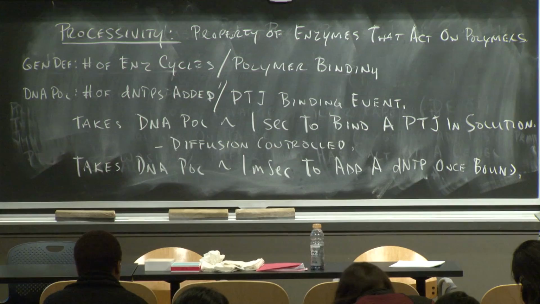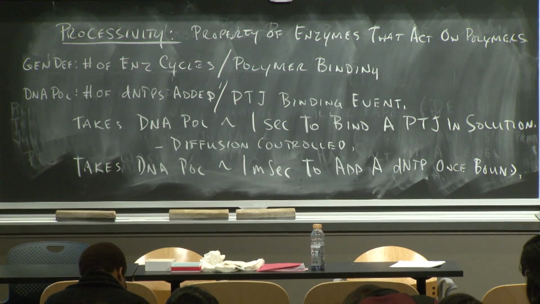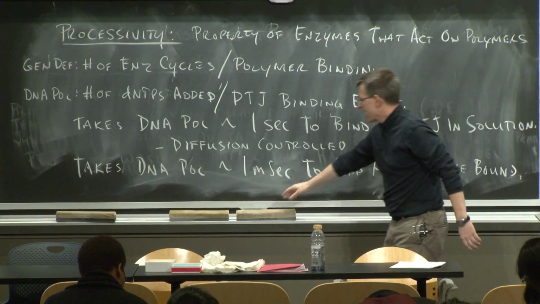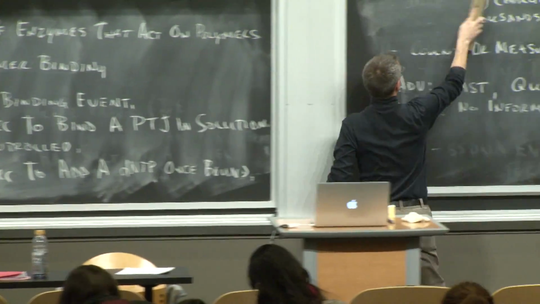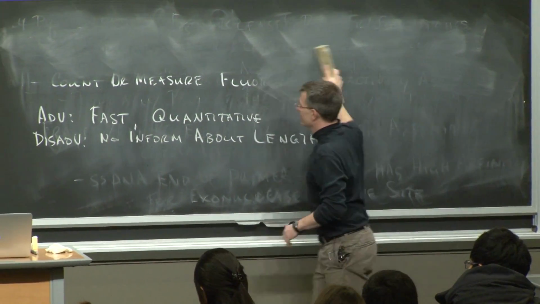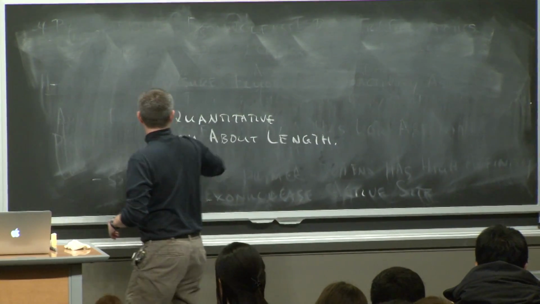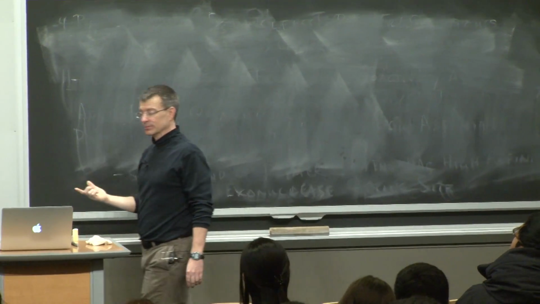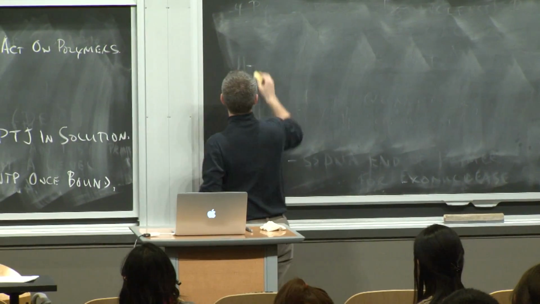Okay? So what that means is that if you have a DNA polymerase that's already bound to a template, in the time it takes another DNA polymerase to bind to a new template, it can add 1,000 base pairs. Okay?